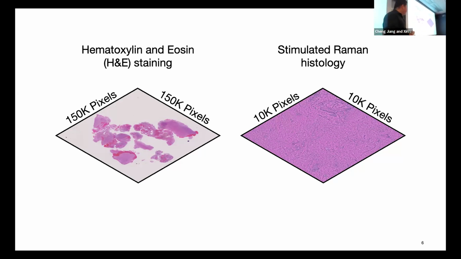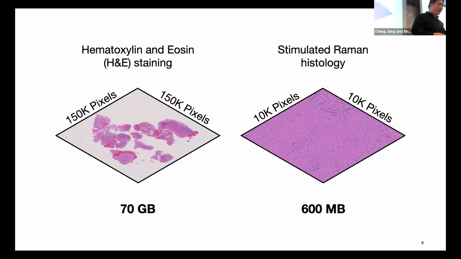But if we look at these sizes in terms of bytes, an H&E whole slide image can go up to 70 gigabytes, and an SRH image can go up to 600 megabytes, maybe a gigabyte. These images are so big that it's really challenging to process them with deep learning, especially if we want a batch size of, let's say, 1024.